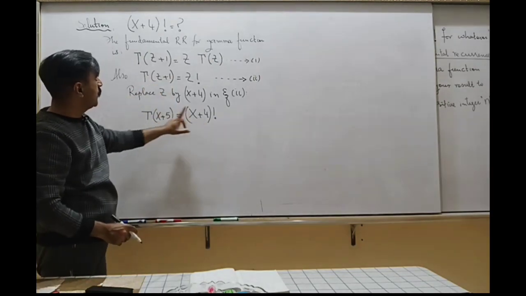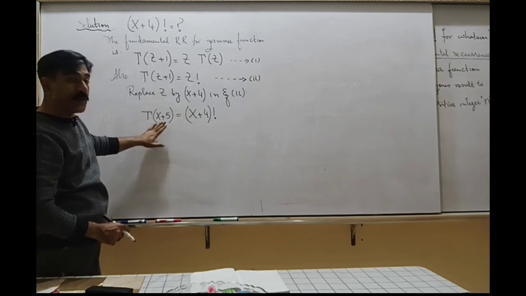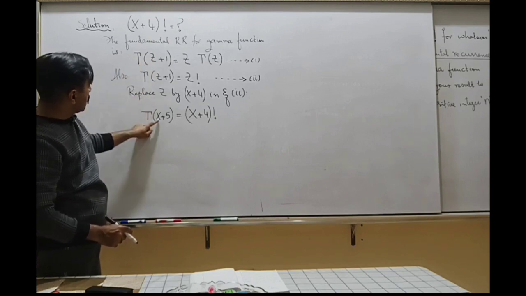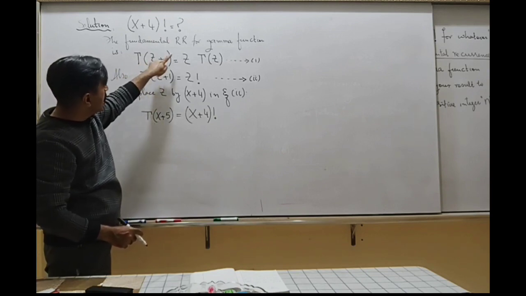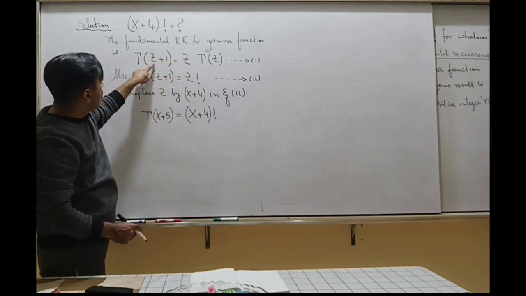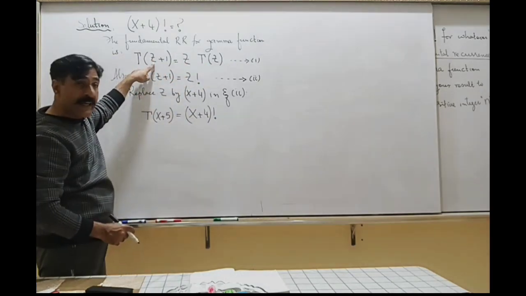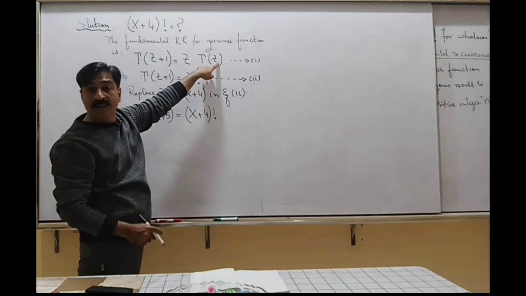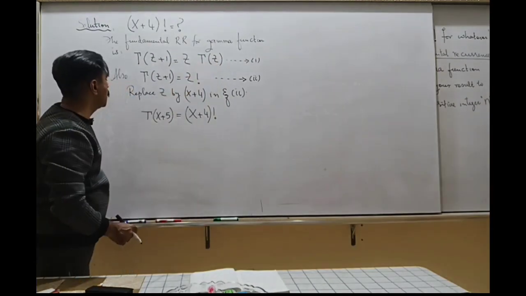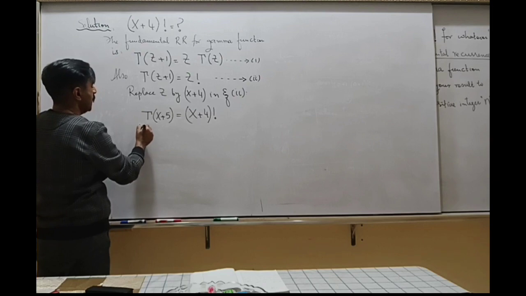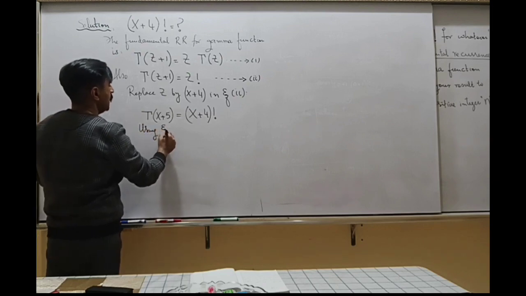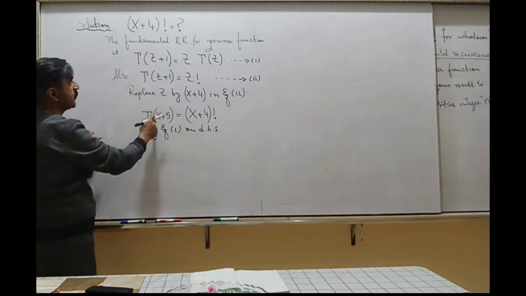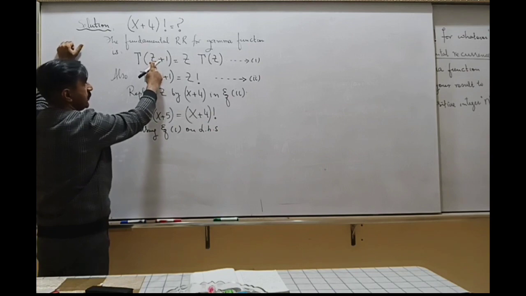Now x plus 4 factorial is equal to gamma x plus 5. Here is where you will use the recurrence relation. This is like gamma z plus 1 is equal to z into gamma z. The argument of the gamma function on the left has been decreased by 1, and the argument of the gamma function on the right has been decreased by 1. So by using equation 1 on the left hand side, what will gamma x plus 5 be?